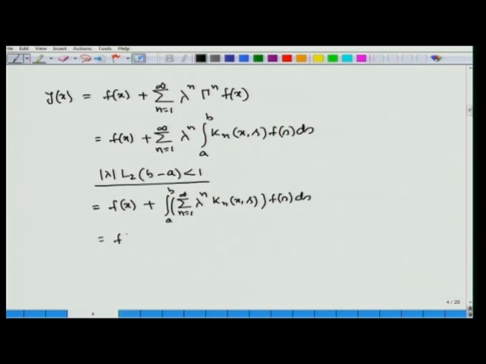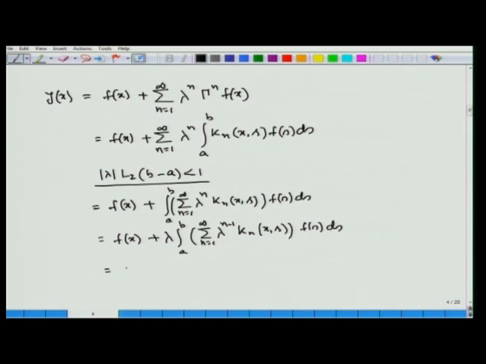Now, taking one lambda outside the integral sign, we can write this as f(x) plus lambda integral a to b sigma n running from 1 to infinity lambda to the power n minus 1 kn(x,s) f(s) ds.